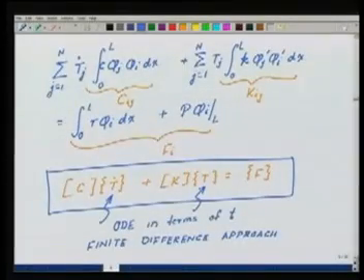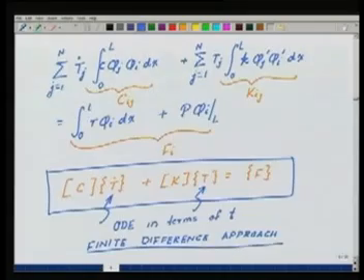We integrated the x part out. We got equations in terms of these unknown coefficients Ti and their derivatives. So this leads to a first order system in terms of these Ti's and their derivatives, which we have to solve. What is the idea of the finite difference approach here?